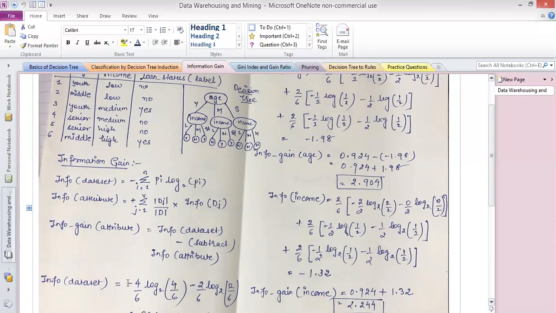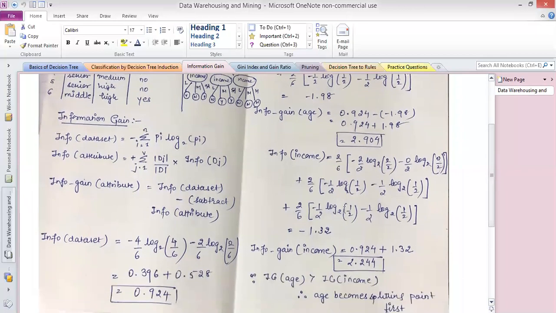Since this is a negative term, after adding them, you ultimately have to put up a negative sign. So I've written minus 4 by 6 log 4 by 6 to the base 2 minus 2 by 6 log 2 by 6 to the base 2. This is actually this formula wherein you calculate it for each of your label.